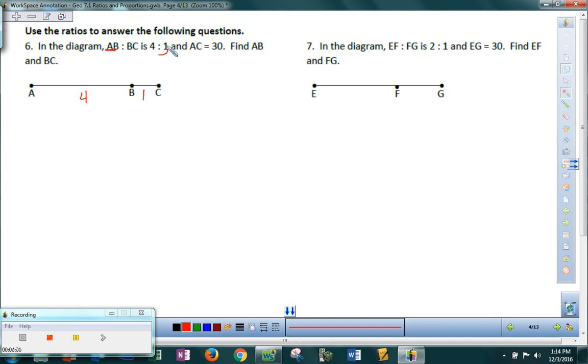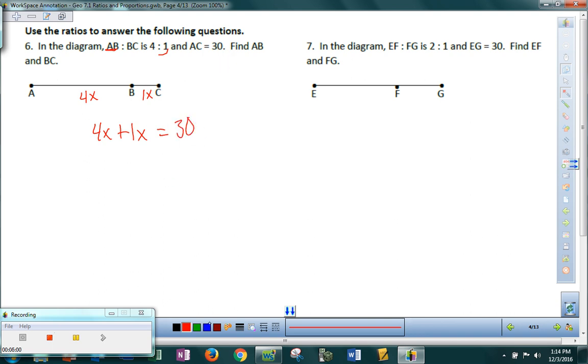In order to figure that out, we will just say, well, 4 was multiplied by some factor, and so was 1. And we know that 4x plus 1x, the two segments, will add up to our larger segment, which is AC, which we were told was 30 units here.